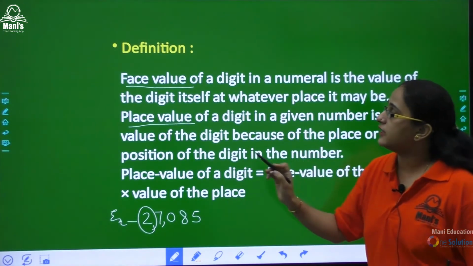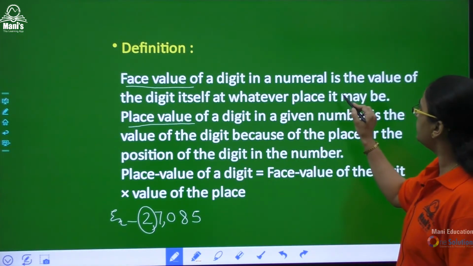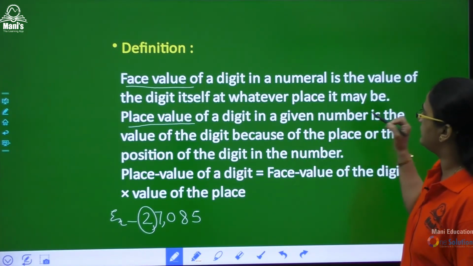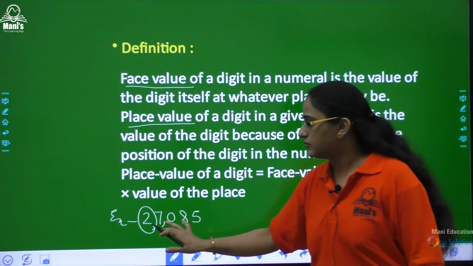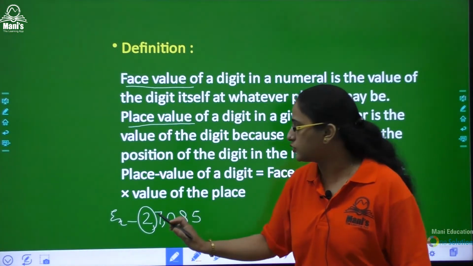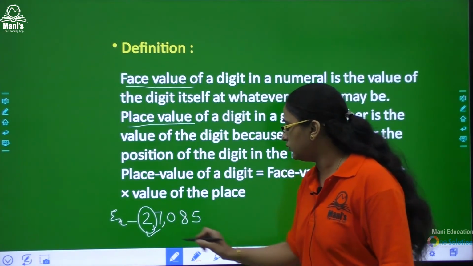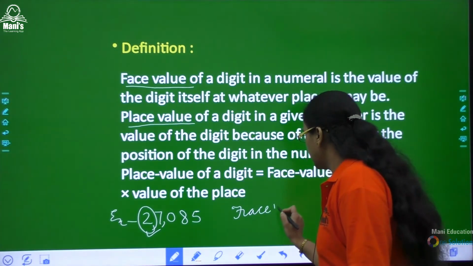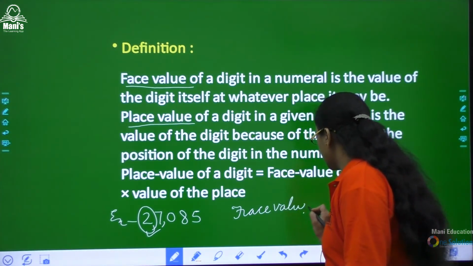Now, what is face value? Face value of a digit in a numeral is the value of the digit itself at whatever place it may be. Its place is not important, whatever is written, that is important. So if I am talking about the 2, the face value is 2.